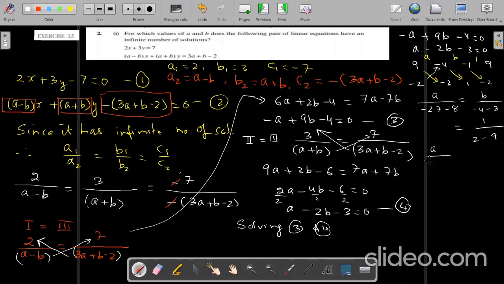So we get a upon minus 35 is equal to b upon minus 7 is equal to 1 upon minus 7.